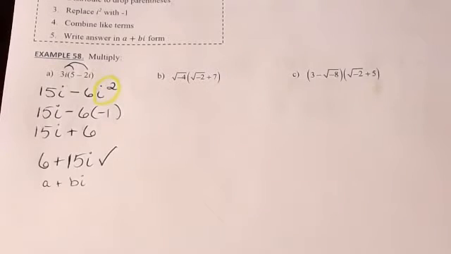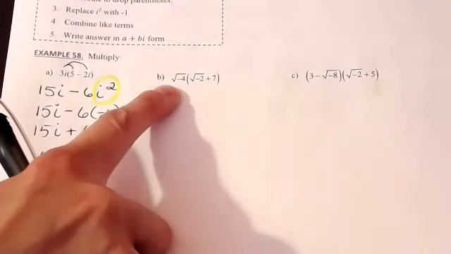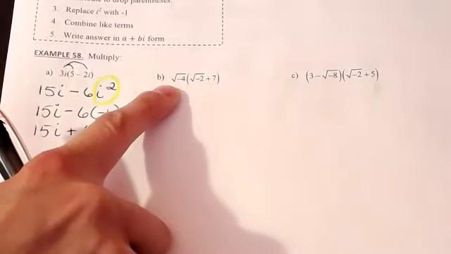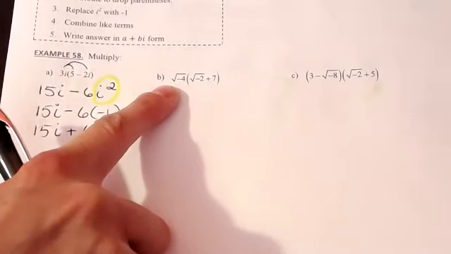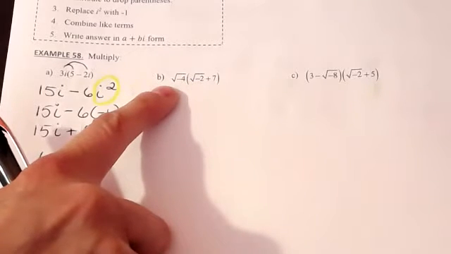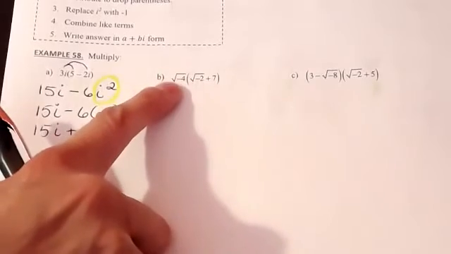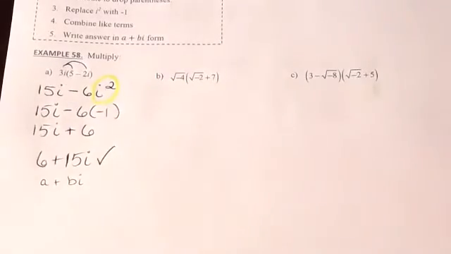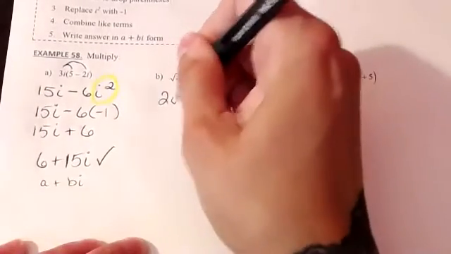Okay. Would somebody tell me what's the square root of -4? Not -2. We have the square root of a negative number. So what is it? 2i? There we go, 2i.